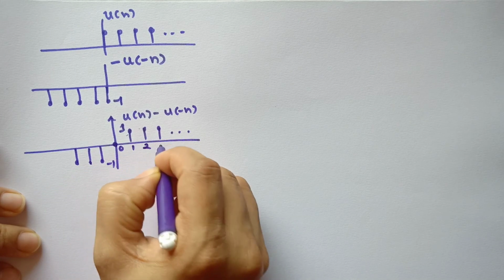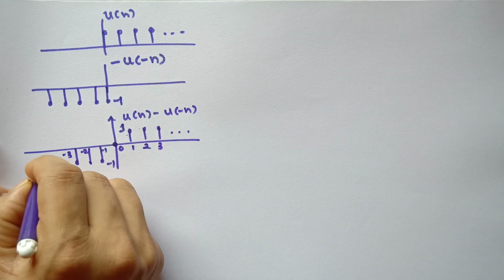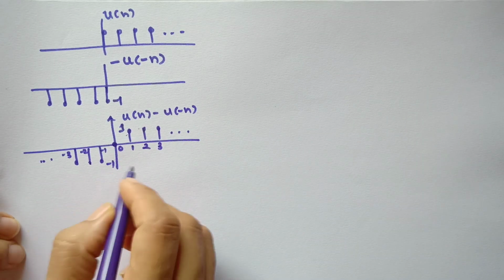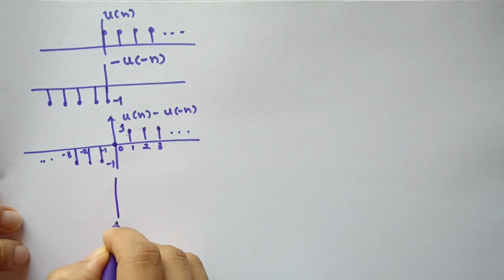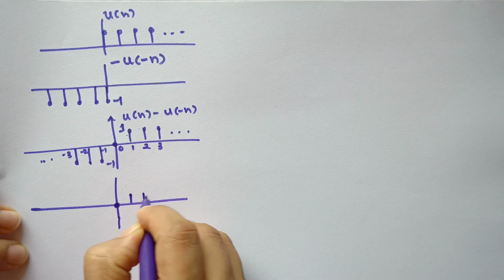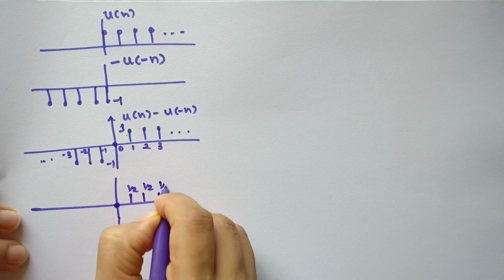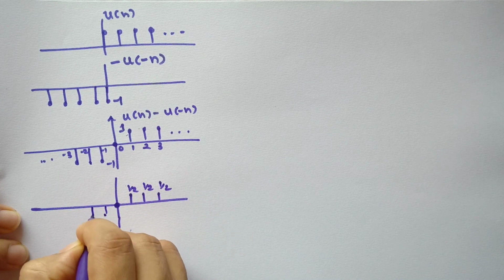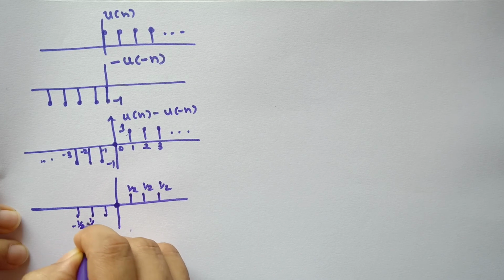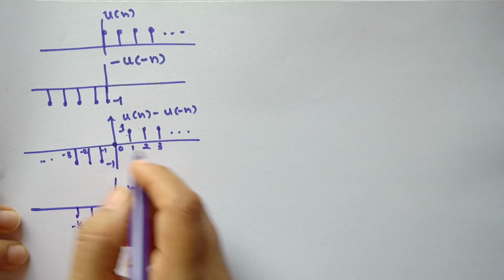Then divided by 2 gives your odd signal. So this sample will remain 0, and all the other samples on the positive side are half. Again on the negative side, dividing by 2, all the samples are -half now, -1 divided by 2.